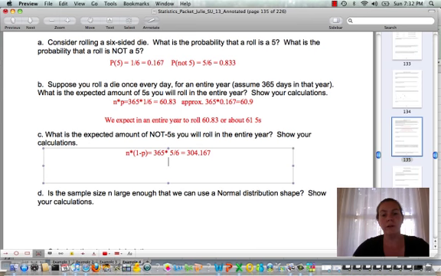Another way to see this is we could have said 365, subtract our answer from part B, 60.83. And that would total the 304.167 that we got here. And you might have to put another 3, so go add another decimal place and you'll get that answer.